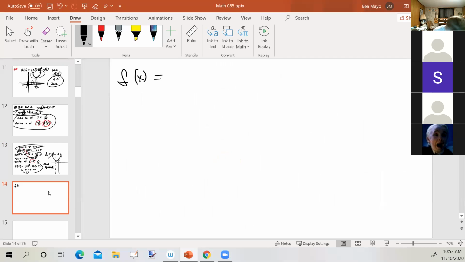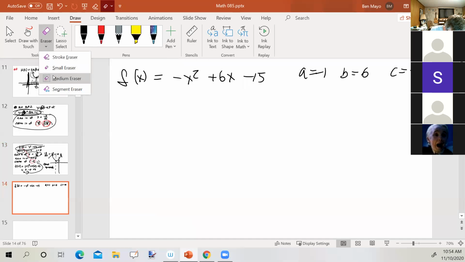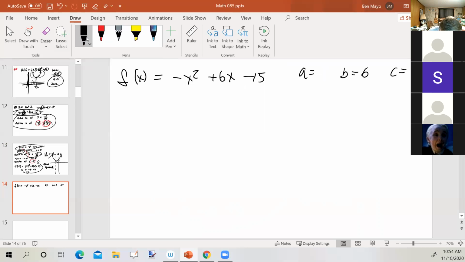f of x equals negative x squared plus 6x minus 15. It is in the form of y equals ax squared plus bx plus c. a is negative 1, b is 6, and c is negative 15.